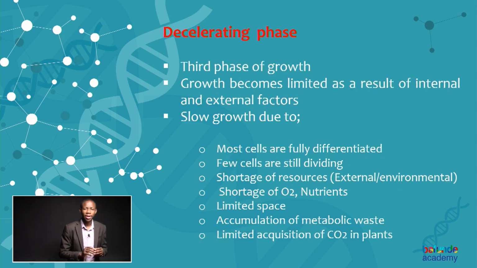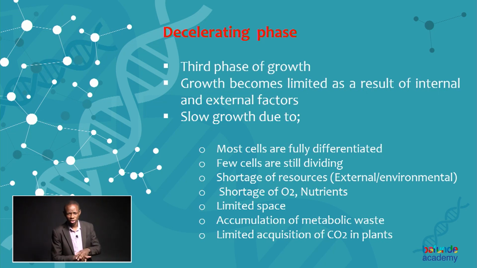Then we go to decelerating phase. Now in decelerating phase, the growth curve starts to slow down. The reasons why the graph starts to slow down: number 1, most cells are fully differentiated. Number 2, few cells are still dividing. That's why you see we still have a positive gradient. Number 3, shortage of resources, both external and environmental.